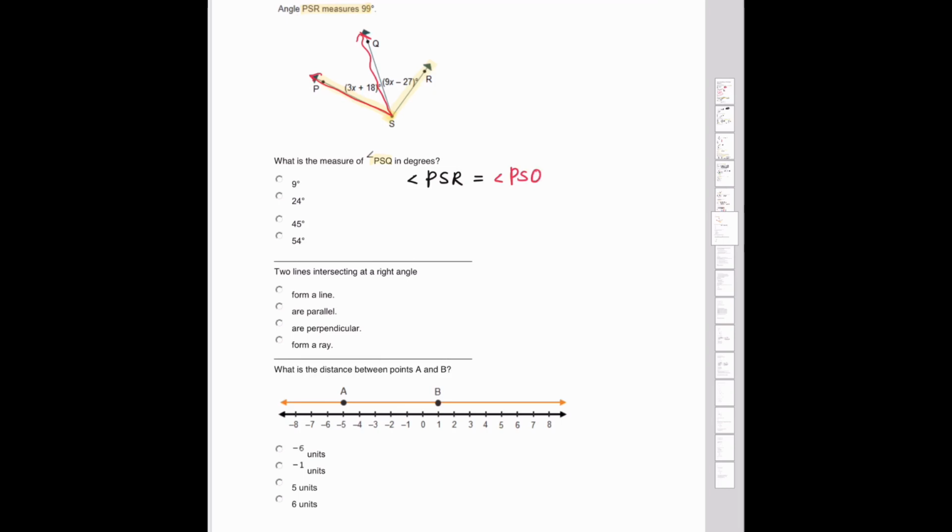In order to do that, we would add angle PSQ to angle SQR to find the entirety of that angle.